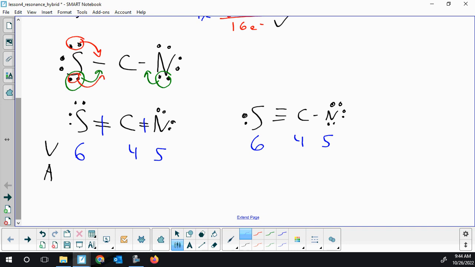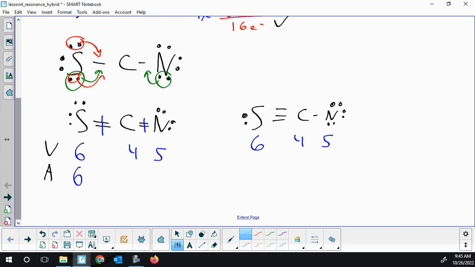Our sulfur has 2 lone pairs, 1, 2, 3, 4 electrons, 5, 6 when you count 1 electron from each of the dashes. So sulfur, we've assigned 6 electrons around it. The lone pairs are entirely on the sulfur. The bonding pairs are half each way.